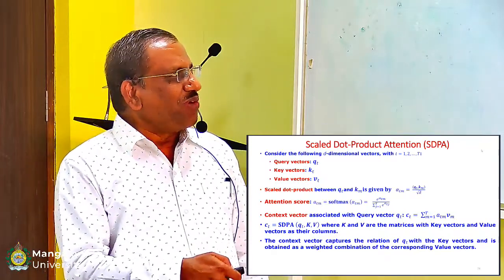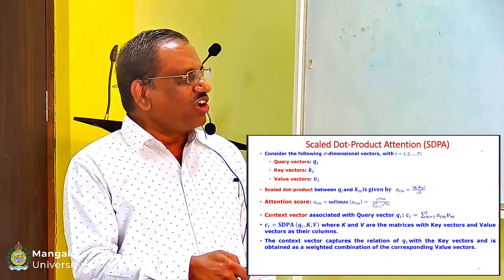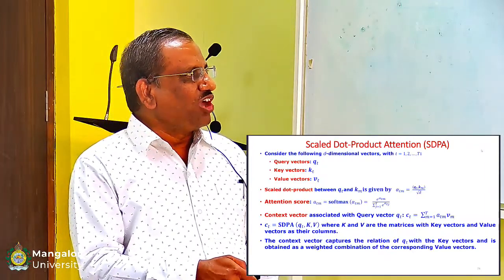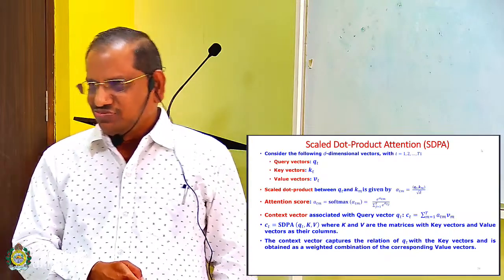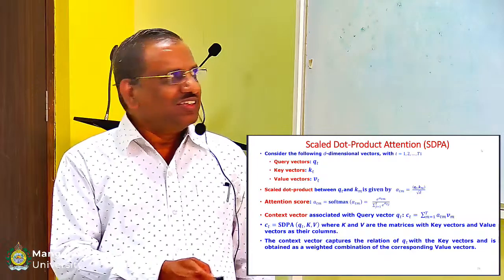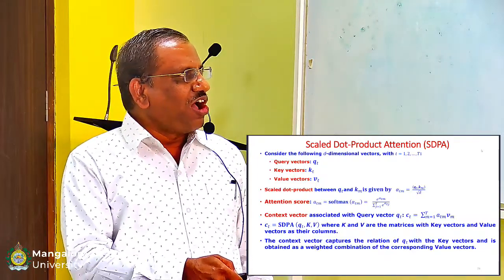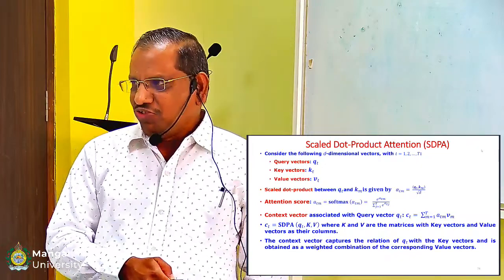Now we do a very important operation to generate what is called a context vector CT for every QT. Okay? What is it we do in this generation of the CT? We can see that CT is expressed as summation alpha Tm multiplied by Vm.